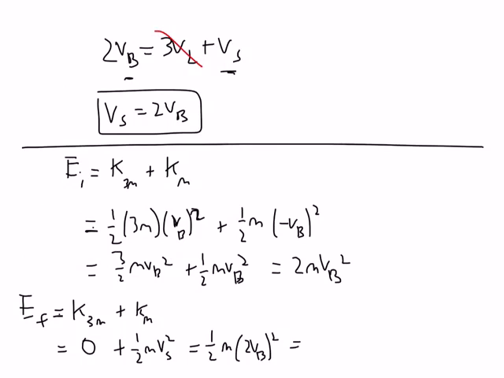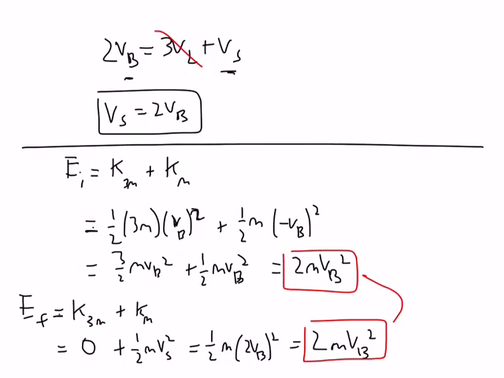So we can square that 2, we get a 4, divide it by the 2 from the 1/2 earlier, and left with 2 mVB squared. So our energy before the collision is that, our energy after the collision is that. Those are the same number, therefore elastic. And so the way we used parts B and C was basically this substitution.